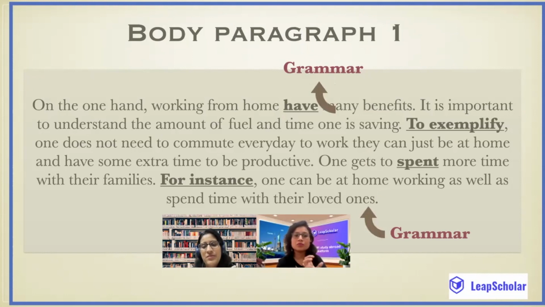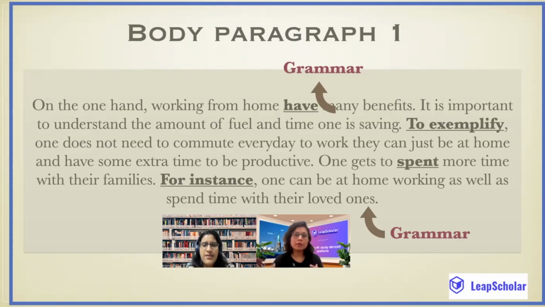So rather, if the student is talking about these two things, saving fuel and time in commuting, that is the explanation. Then, coming to the next point, where he's talking about spending time with the families, again, this is the second advantage to this concept. And lastly, an example that would club both of these, showing how it saves your time and fuel and how you are able to spend more time with the families.